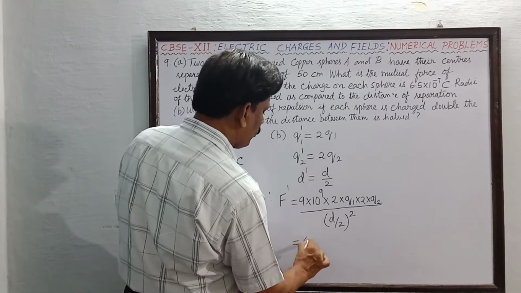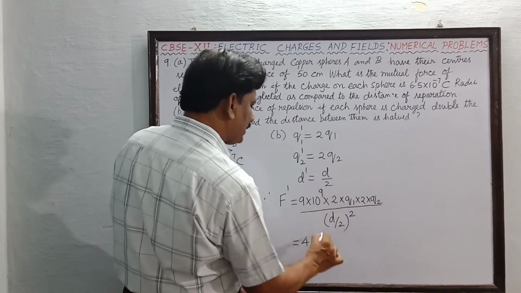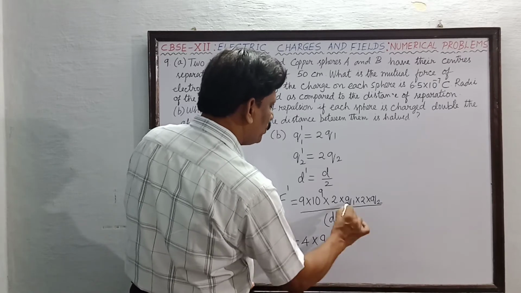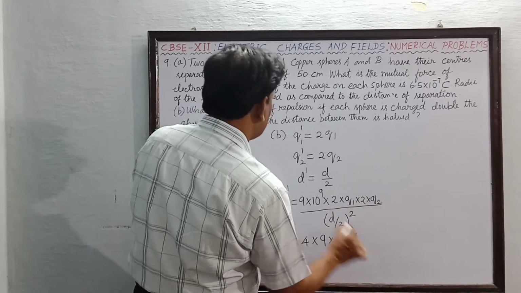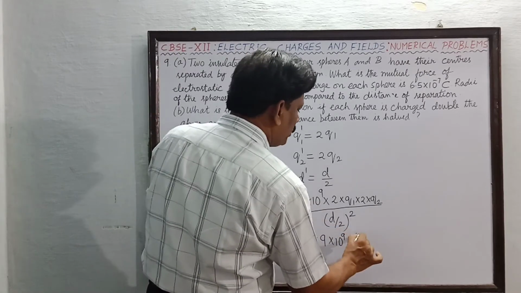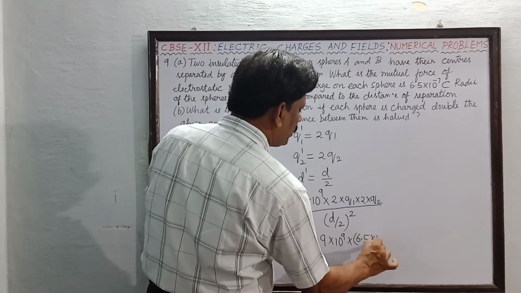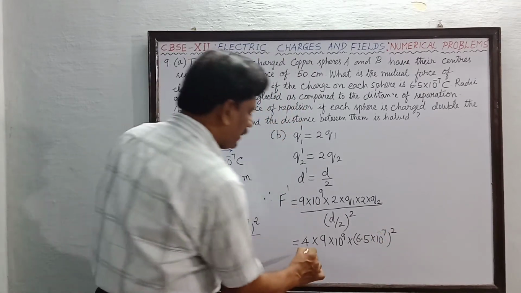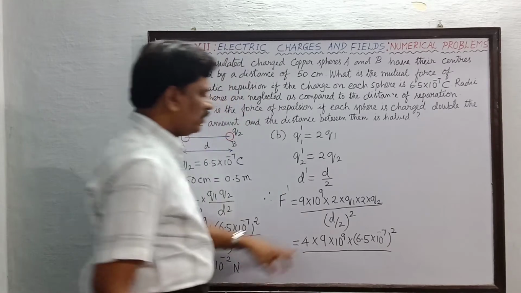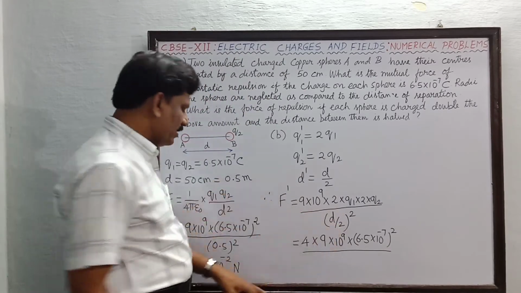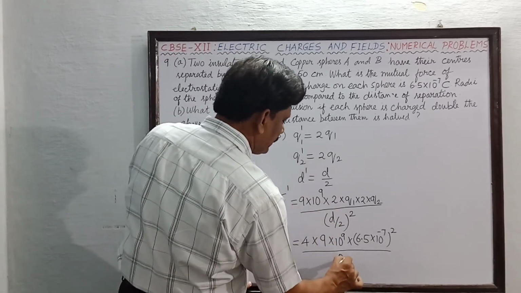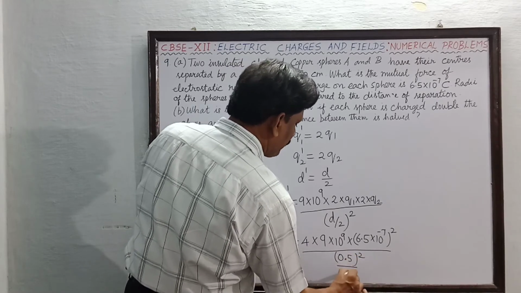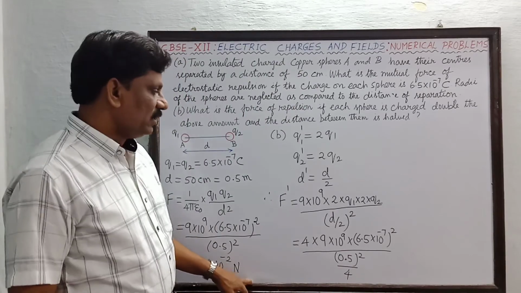So this is 4 into 9 into 10 to the power of 9 into 6.5 into 10 power minus 7 the whole square, divided by D square by 4, that is 0.5 whole square divided by 4.